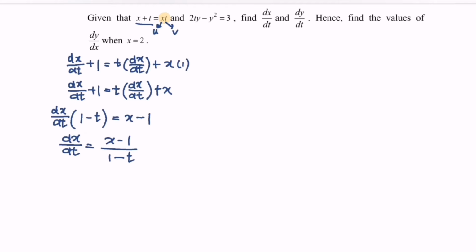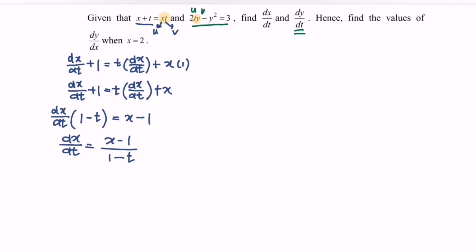Next, we are going to differentiate 2ty minus y squared equals to 3. The question asks us to find dy/dt, meaning that when we meet t, just differentiate as usual. For this case, we are going to use the product rule. Let the t be u and y be v.